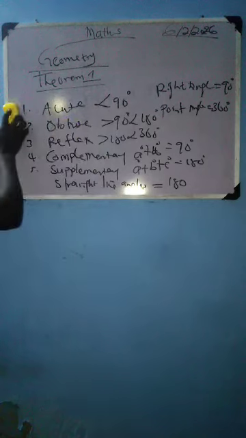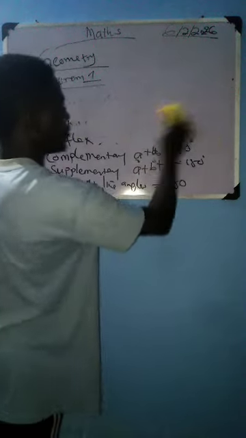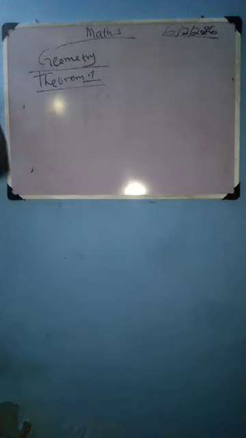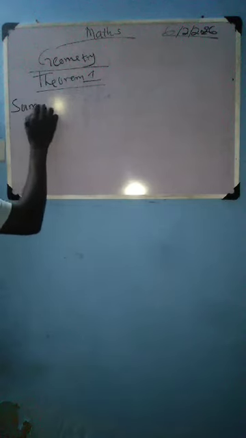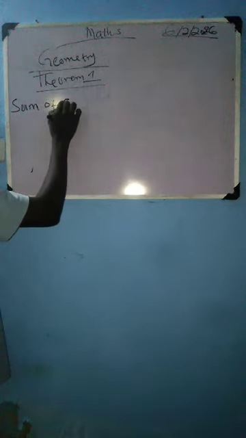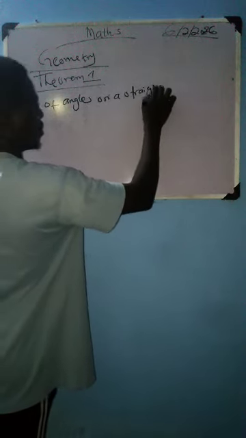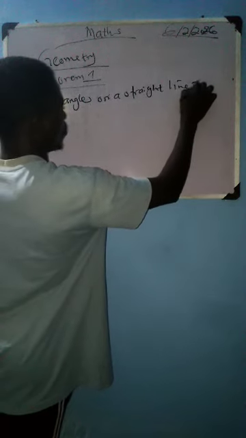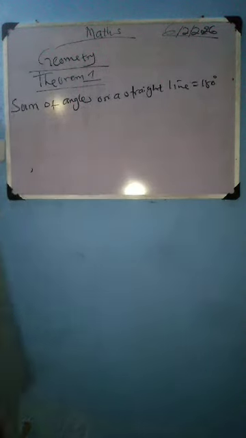Theorem 1. I think we have done this before, but let's carry on. Theorem 1 states that, these are the basic theorems though, the sum of angles on a straight line is equal to 180 degrees.